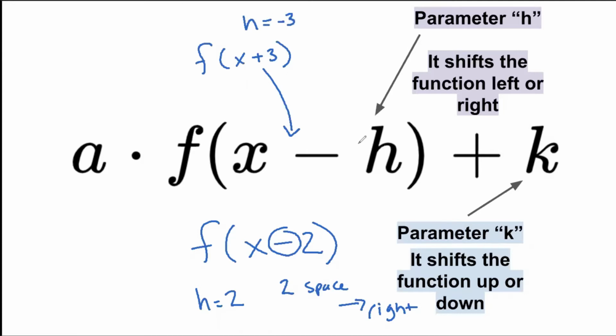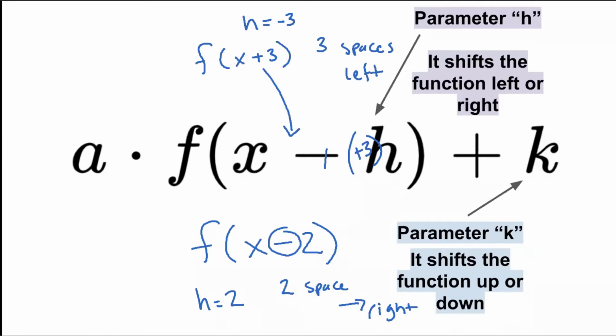Notice if I place negative 3 in here as part of h, negative and negative gives me a positive. That's why it turns into a plus 3. So our whole function shifts 3 spaces to the left.